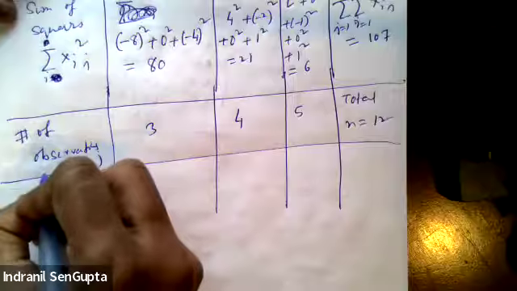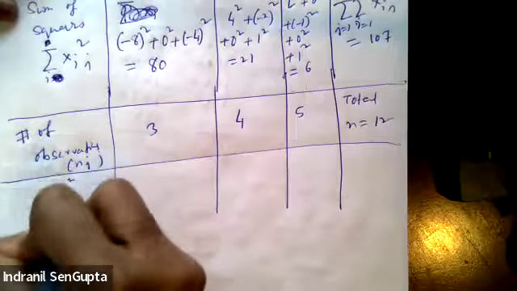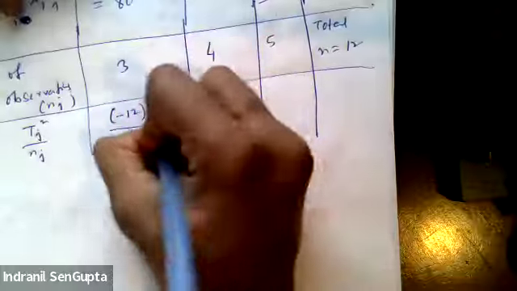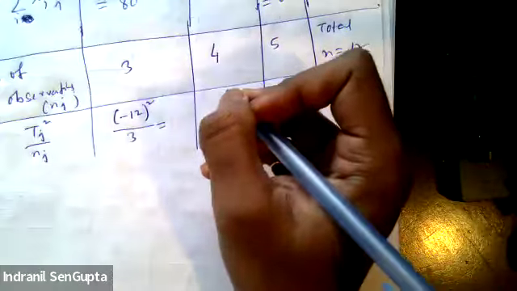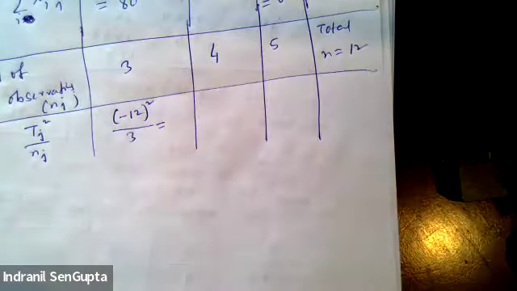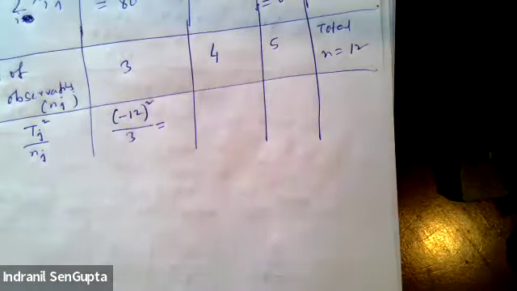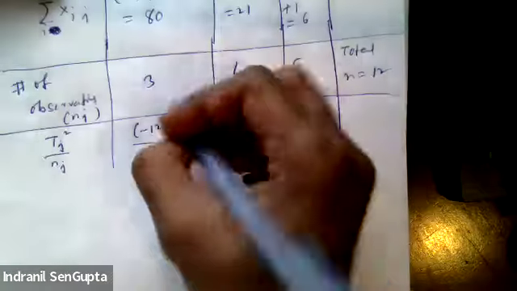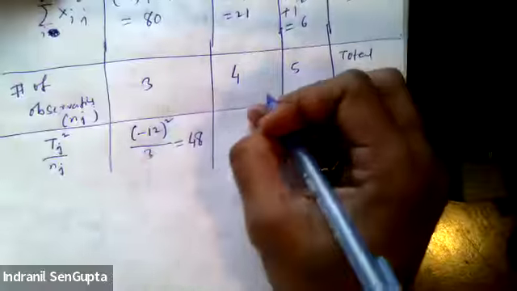We computed T_j squared over n_j, where these are my T_j's. So basically it's minus 12 squared over 3, which is 48, and you get the idea.